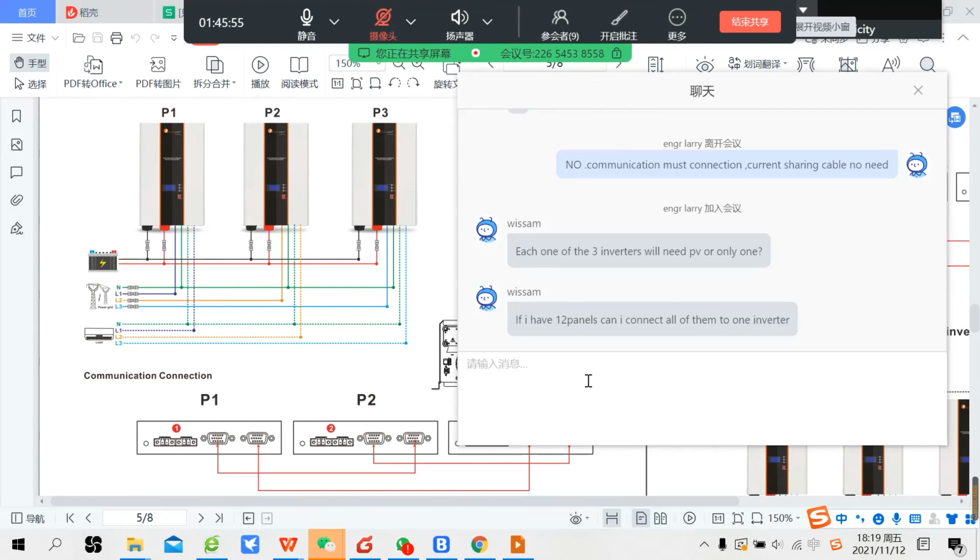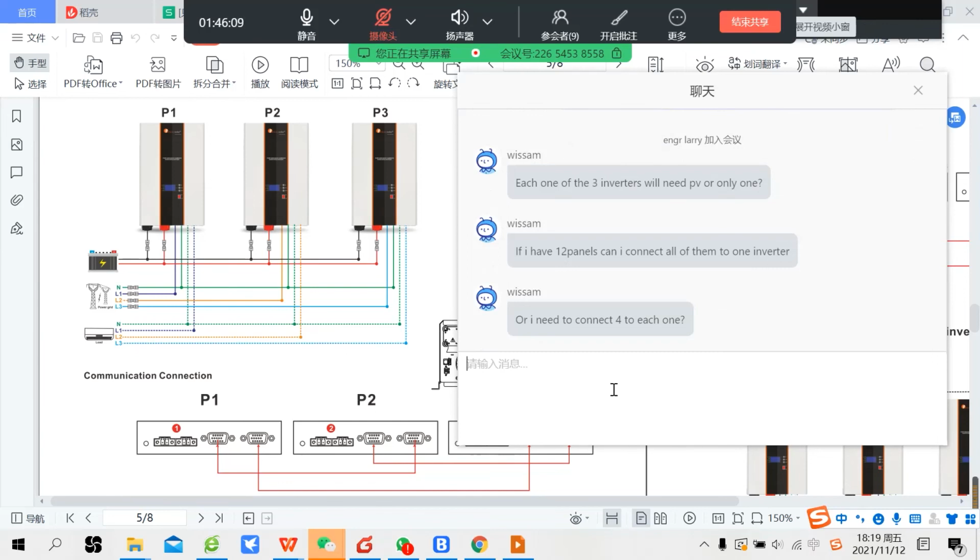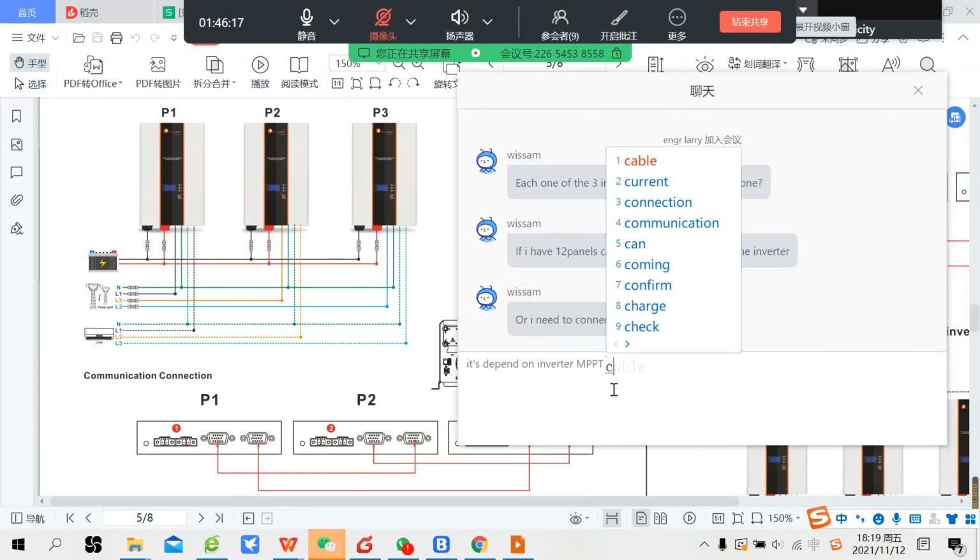It depends on the inverter's MPPT capacity. It depends on the inverter's MPPT controller.